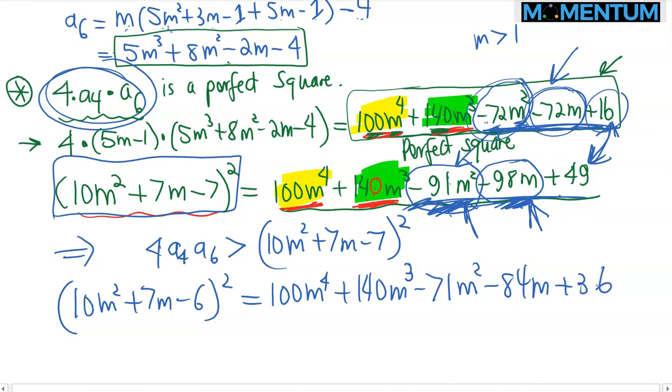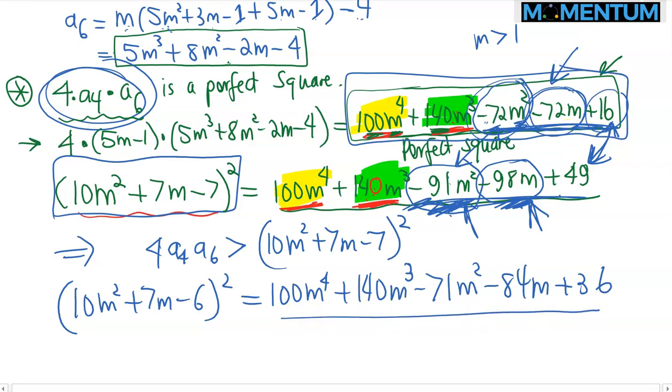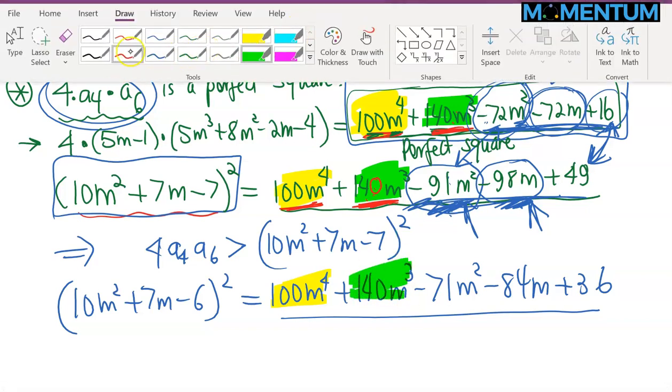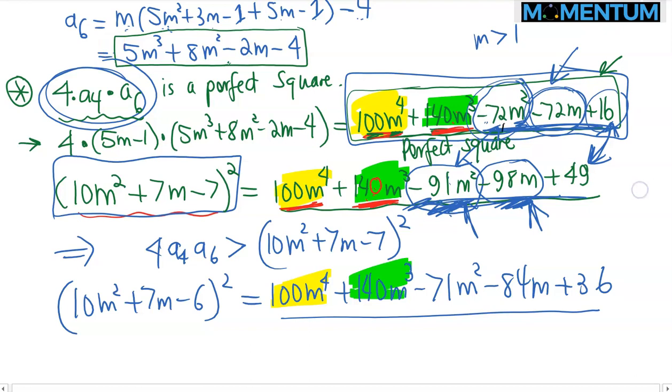Now, when you compare again this term with that one, the first two terms are the same. So let me just highlight them. That one and that one are the same, obviously. And besides, the second terms are also the same. All I now need to finish is to compare these two terms and these two terms, right?